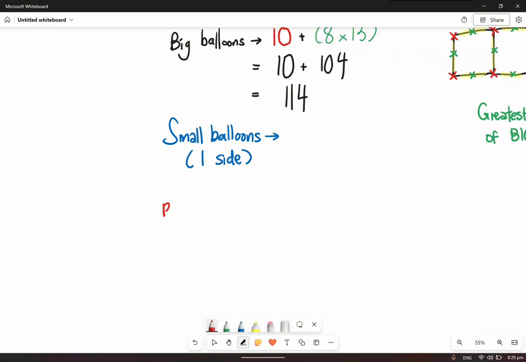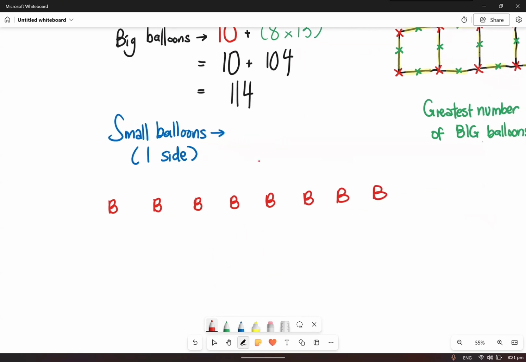So when I have 10 big on one side, 1, 2, 3, 4, 5, 6, 7, 8, 9, 10. Can you see? This is on only one side.